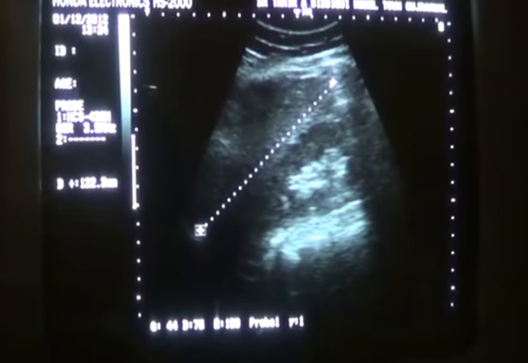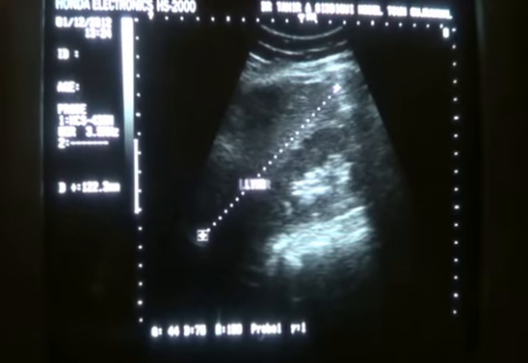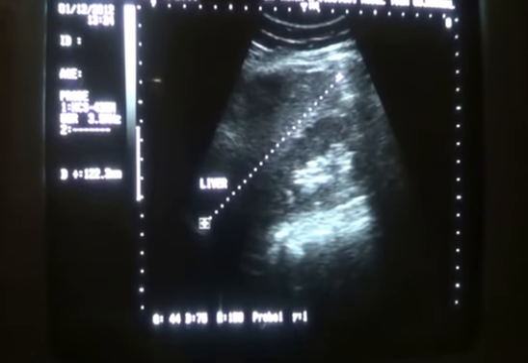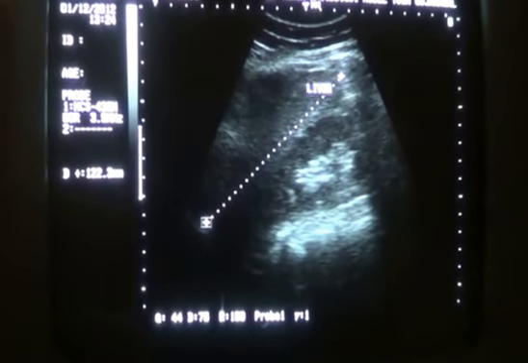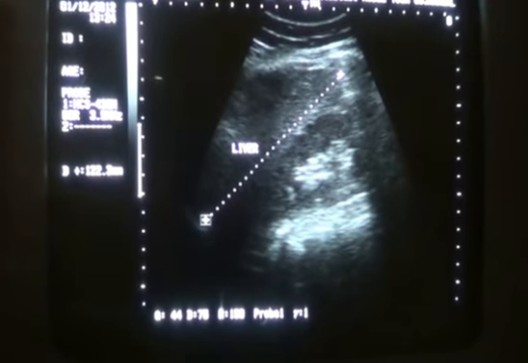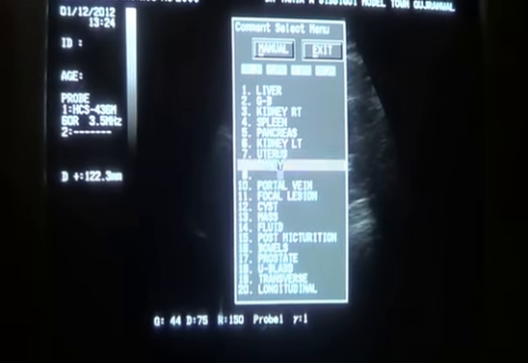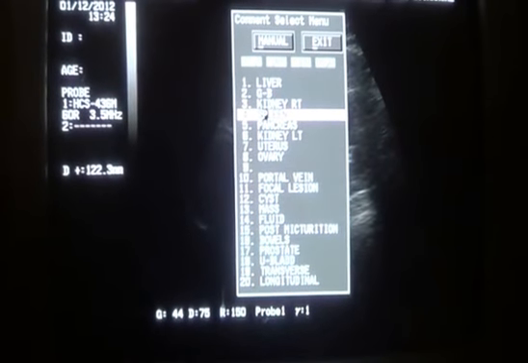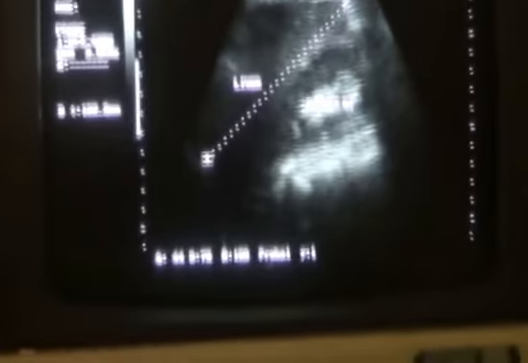Now this liver, by this method that is being used very widely, is at the lower margin of the normal. But as I have already said in many video segments uploaded so far, we should not measure the liver in centimeters or millimeters by ultrasound.